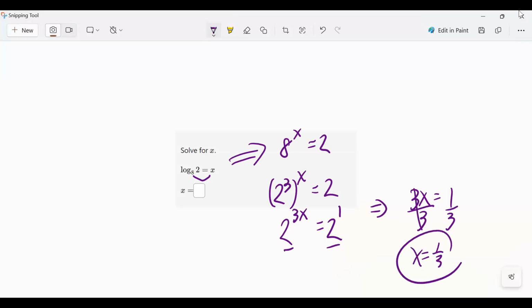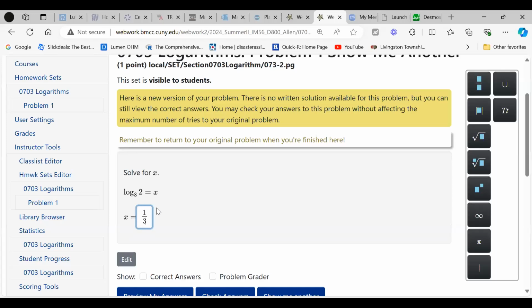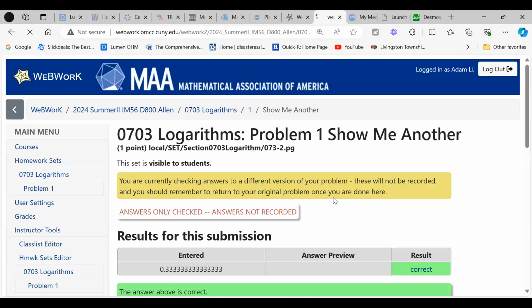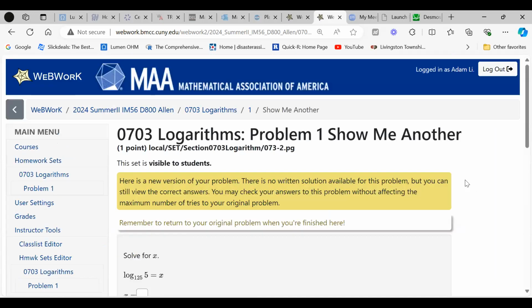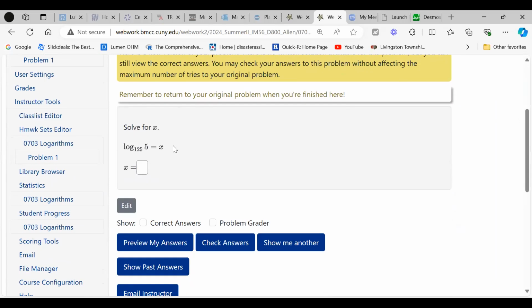Okay. Any question about this? So we're switching the logarithm back into the exponent and solving. So 1/3, right? Check it, should be good. All right, so you guys have this, right? Here we go.